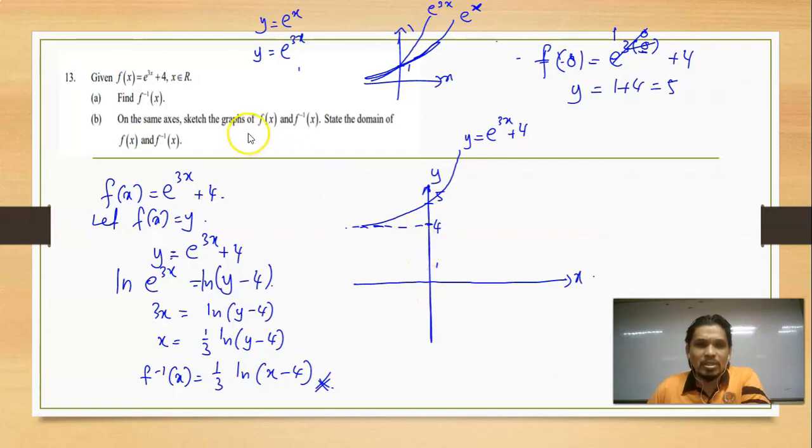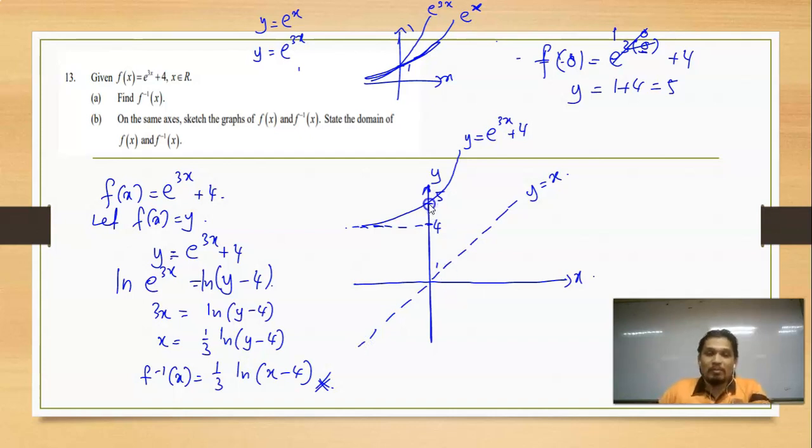So to sketch the graph of f and f inverse on the same axis, we need an extra line, the function y equals x. So we shift the position of y equals 5 here, bring it to x equals 5 here, and y equals 4, bring it here, x equals 4.